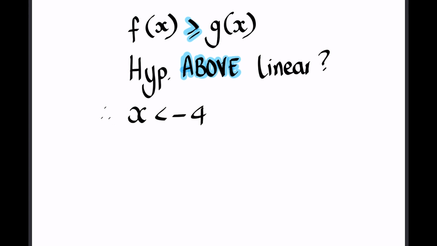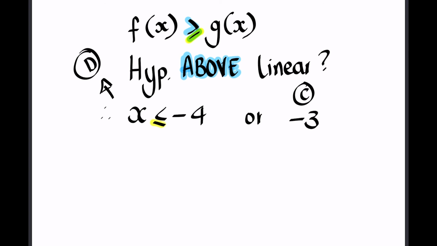But I'm going to look here, my crocodile teeth have a tongue, which means that my crocodile teeth need a tongue. So x must be smaller than or equal to -4, or, so that's between point D, or point C, it needs to be between -3 and -1. Now, it can't be equal to -3 because -3 is the asymptote. So it can't be equal to -3, but it must be equal to -1.